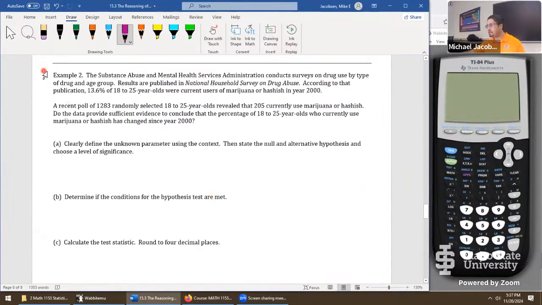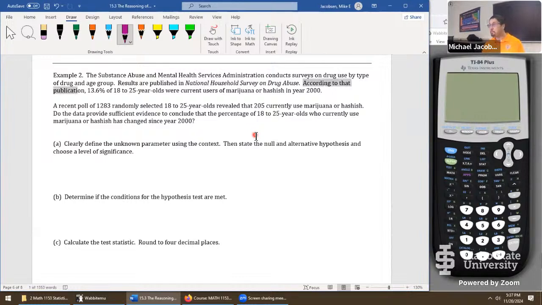Example 2. It says the Substance Abuse and Mental Health Services Administration conducts surveys on drug use by type of drug and age group. So another set of really serious looking governmental data is probably what this is. Results are published in National Household Survey on Drug Abuse. So you can probably look that up at any time to see some more recent data.